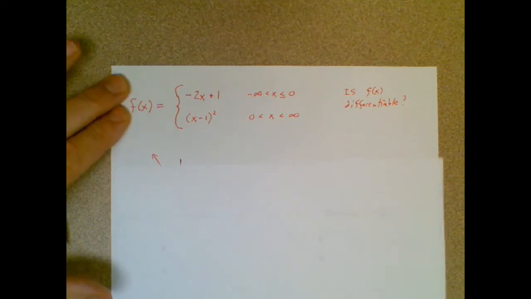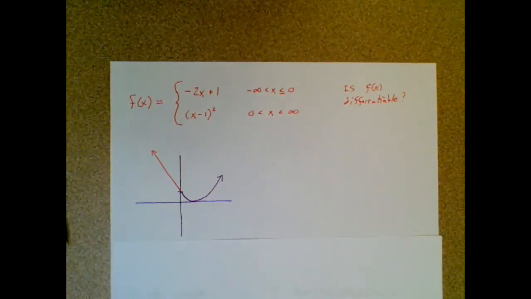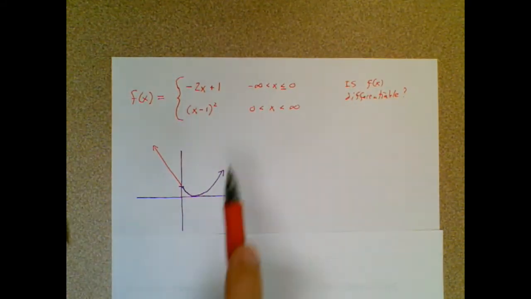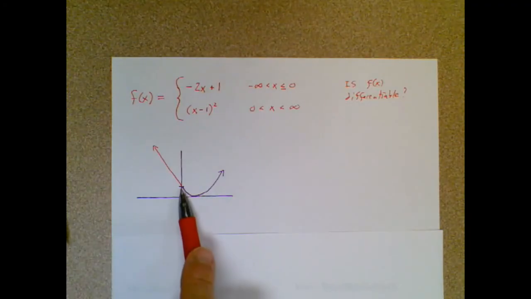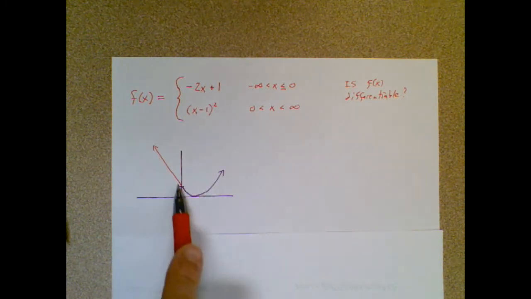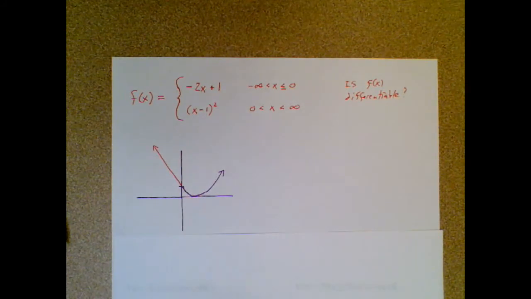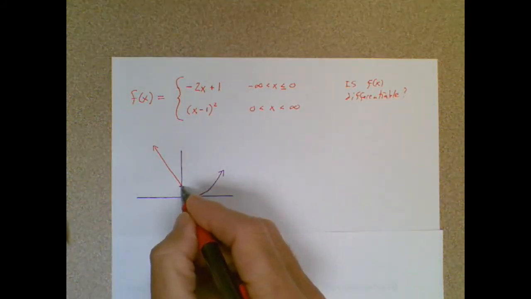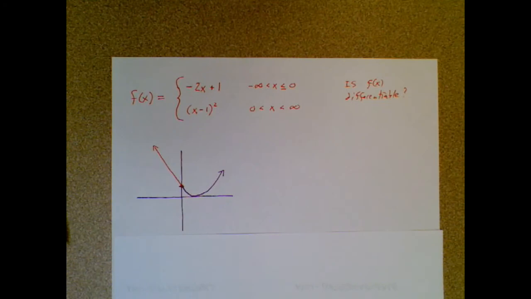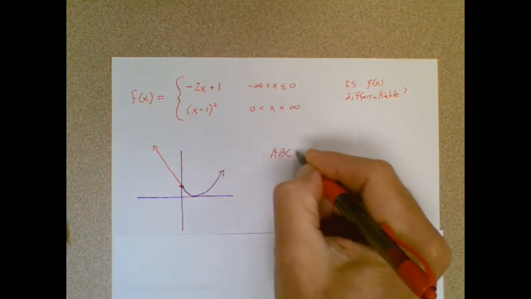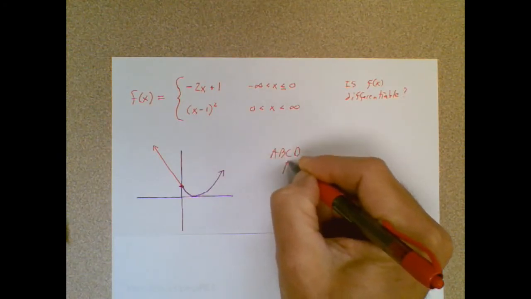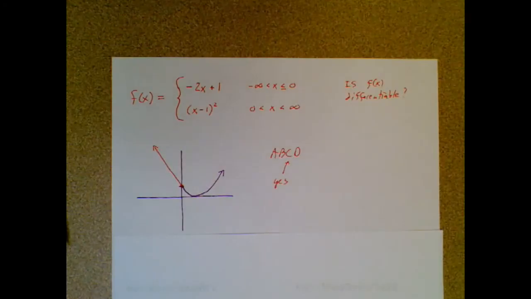The first way, which I've already done, is I can graph this thing. x equals 0 is my border, and to the left of x equals 0, I have this linear function. To the right of x equals 0, I have this parabola. Well, they meet up at exactly x equals 1. That's nice. You can check it out by plugging in some numbers. So I know by the ABCD rule that we have said yes to continuity.